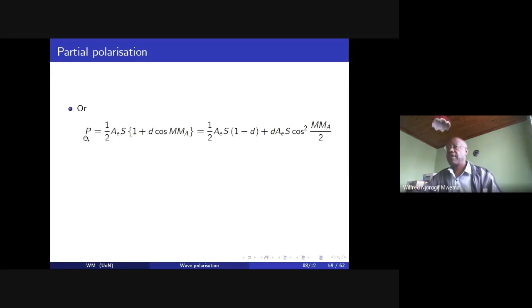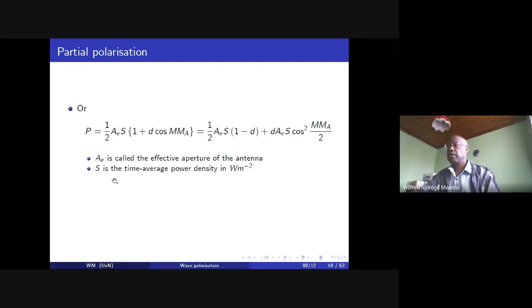Therefore, P can be given by that value, and AE is called the effective aperture of the antenna, like I've alluded. Usually it is a function of the signal wavelength, rather than the antenna dimensions. S is the time average power density, or the P average that we've been dealing with. And of course, as we had before, the angle is between the polarization states of the wave and the antenna.